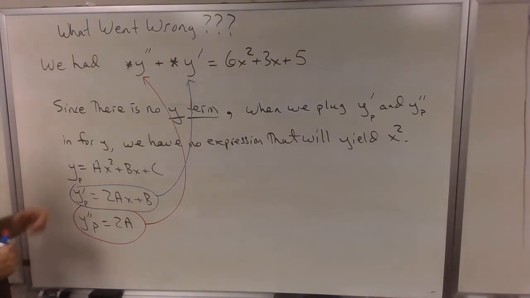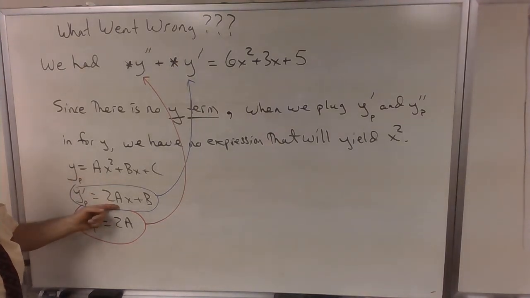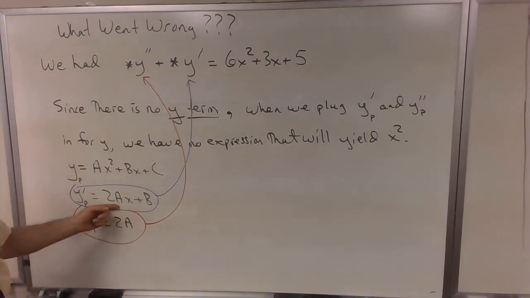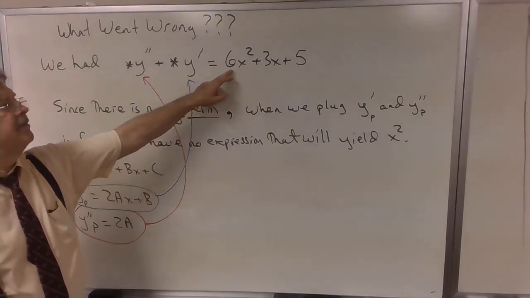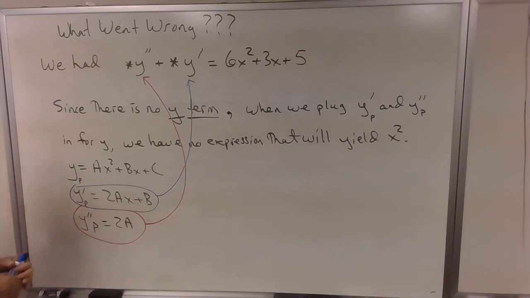If we're surmising that the particular solution is a polynomial, then the derivative is going to be a polynomial of degree 1 less. Now, I surmised that my solution was going to be a second-degree polynomial, but when I compute the derivative, that gives me a first-degree polynomial, and that's not going to give me x squared. What should I have done differently?